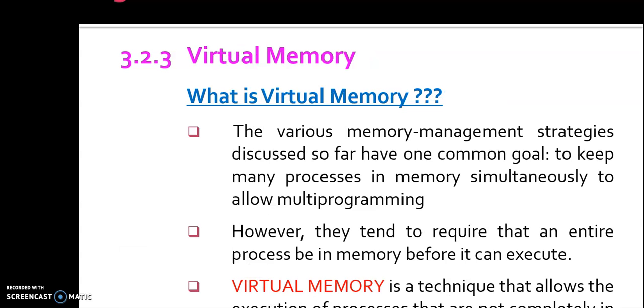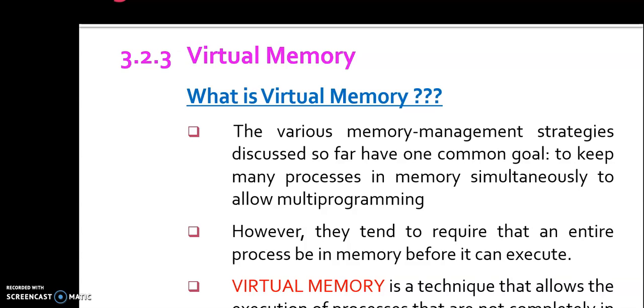Next we have something which is called virtual memory. Maybe you can read this on your own, but basically virtual memory means a part of the hard disk which is now converted into main memory. Let's say your RAM is so full, so the operating system will take a part of the hard disk and make it your main memory.